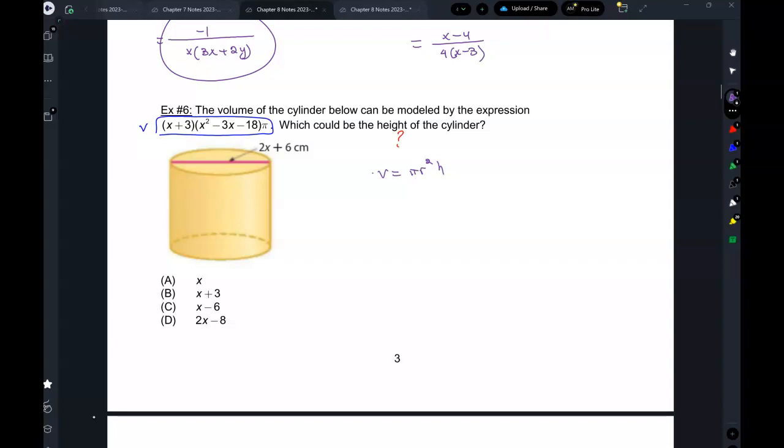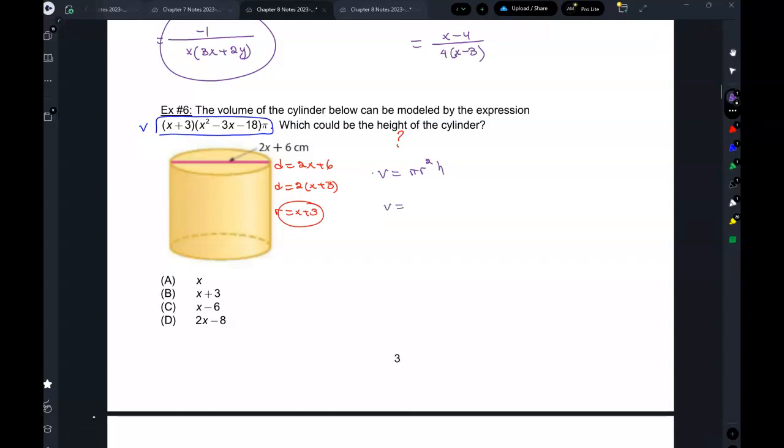Okay, now, radius. We are given radius. Here we're given diameter to be 2x plus 6. That means the diameter is 2 times x plus 3, right? The radius then is just x plus 3. So let's go over here.